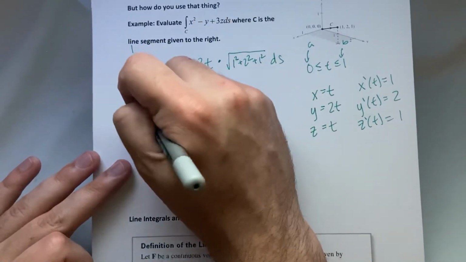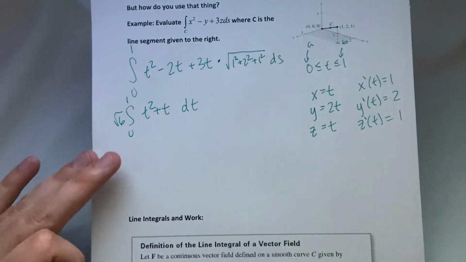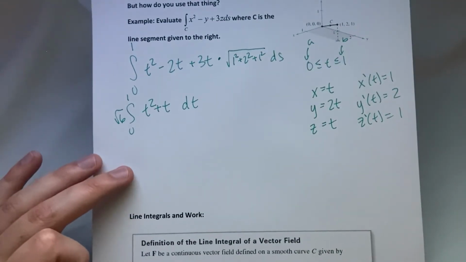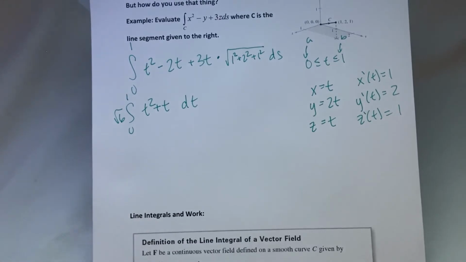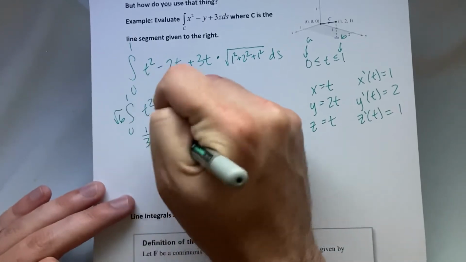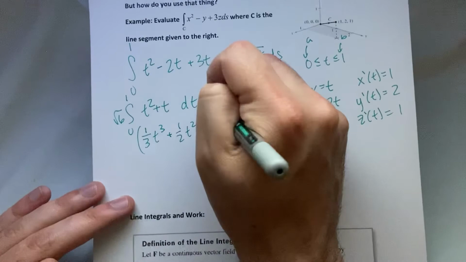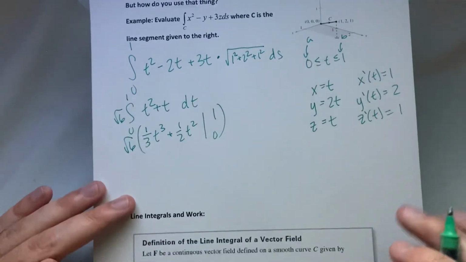So I'll move the square root of 6 out front. Negative 2t plus 3t is just plus t. This is now dt because of the magnitude. Okay, so this is now just a simple integral. It should become 1/3 t cubed plus 1/2 t squared, evaluated from 0 to 1, all times the square root of 6.